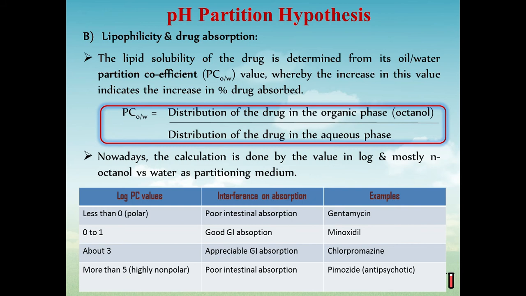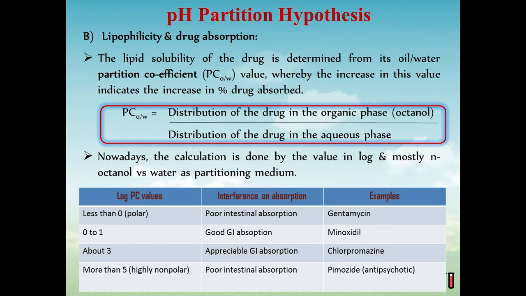It means that if the partition coefficient, P o/w, or sometimes we call it K o/w, of your drug increases, ultimately the partitioning of that drug in a lipoidal barrier will increase, and the absorption of that drug will also increase in your stomach or GI tract.